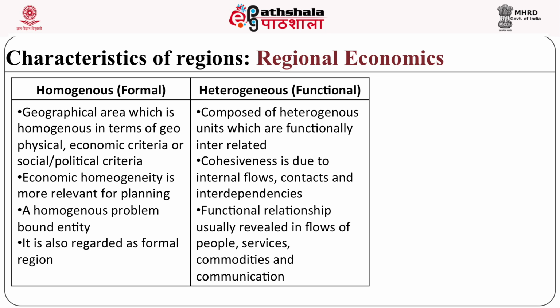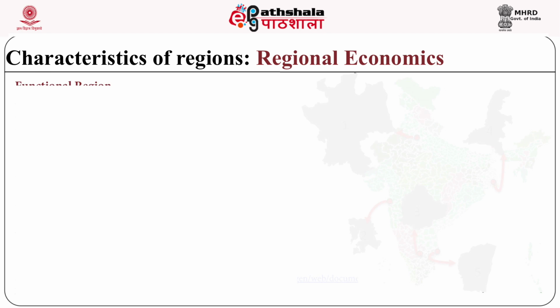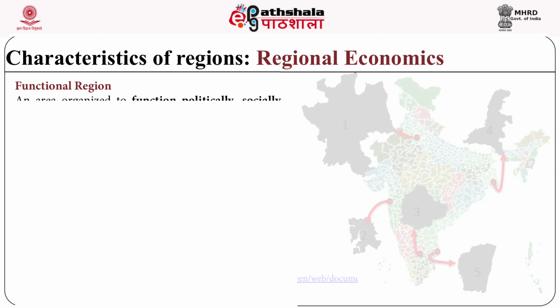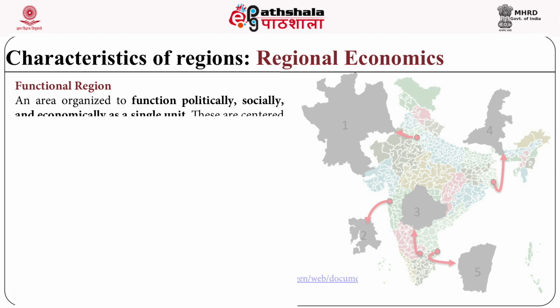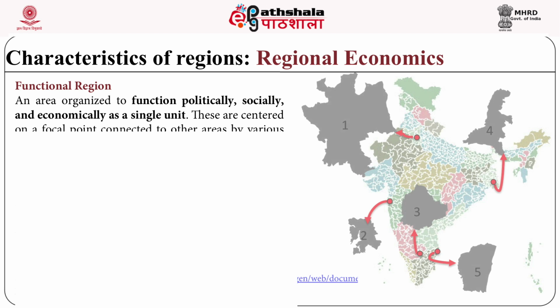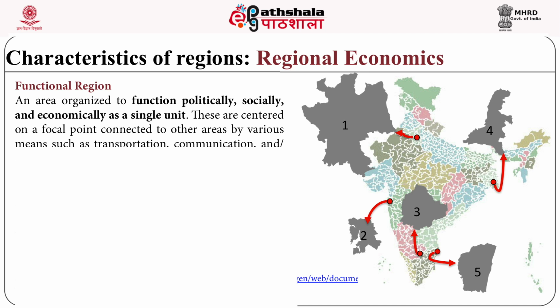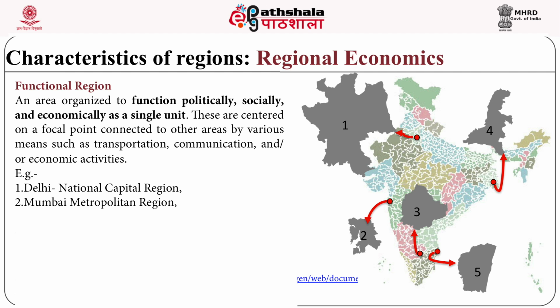Therefore, if you see the National Capital Region of Delhi, the map of India shows its location. Delhi is the focal point, and there is this region around it which is heterogeneous.